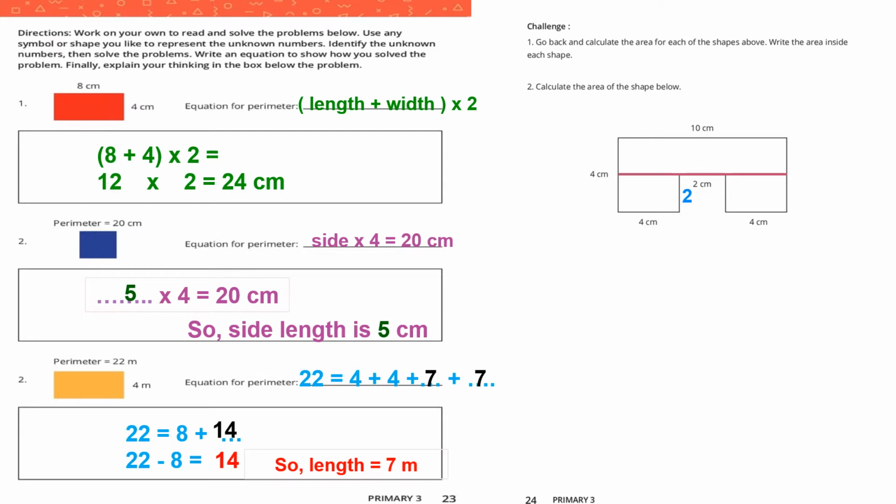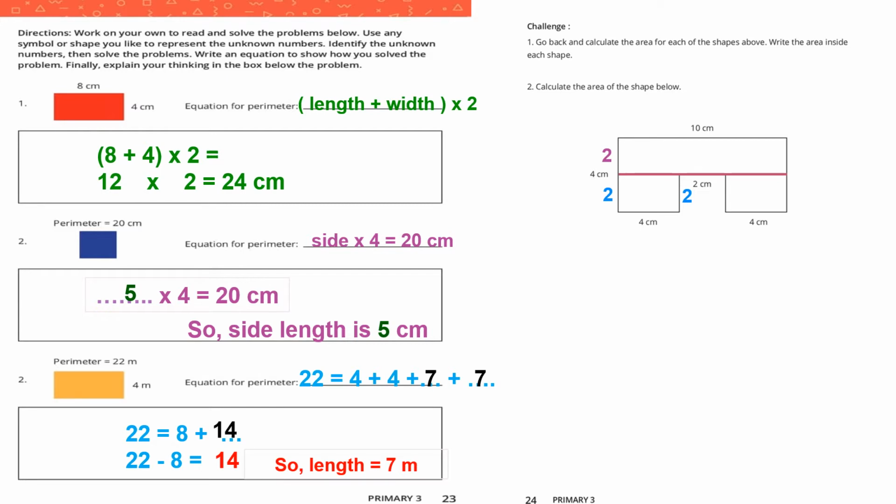This will be 2, and all of this side equals 4. So if this is 2, all of this distance equals 4 centimeters. This side equals 2, and this will also be 2.